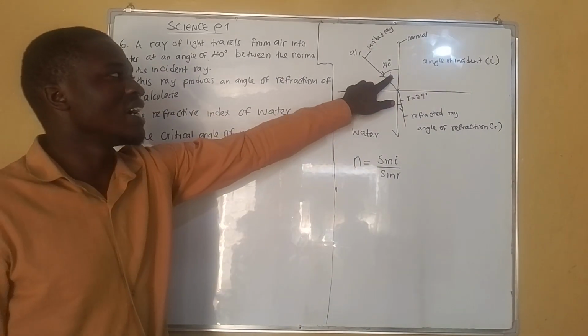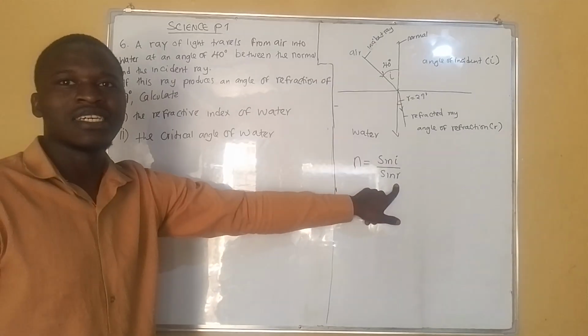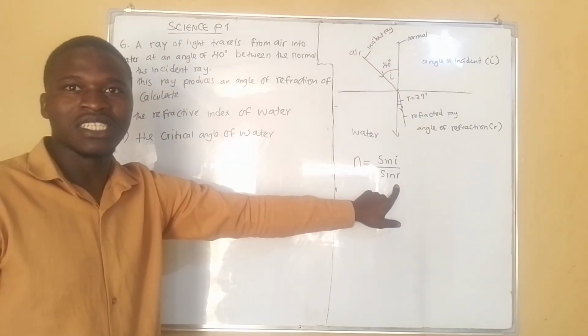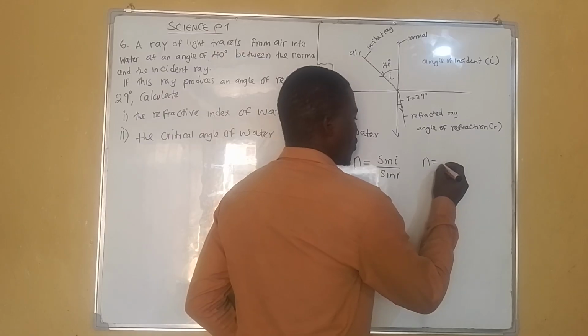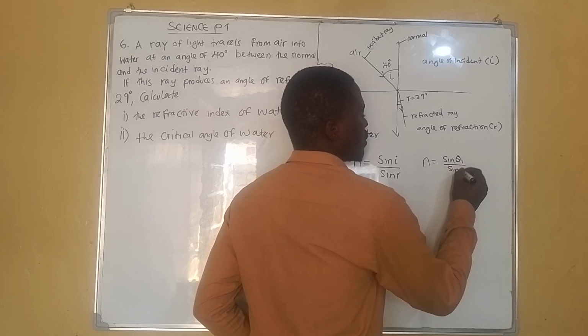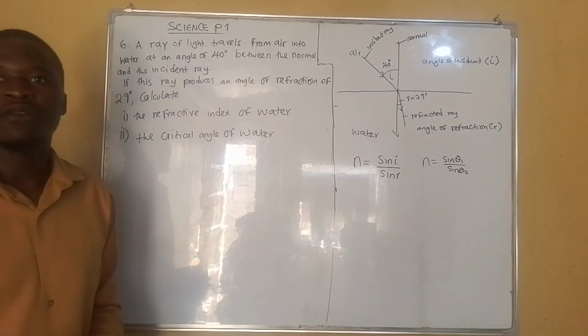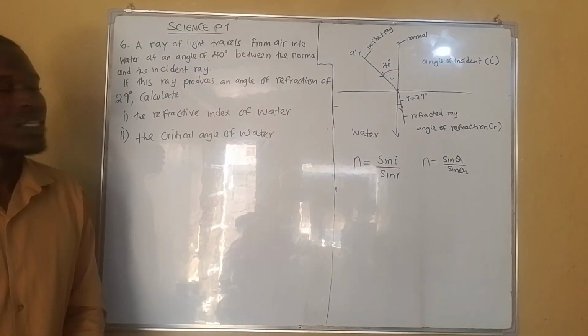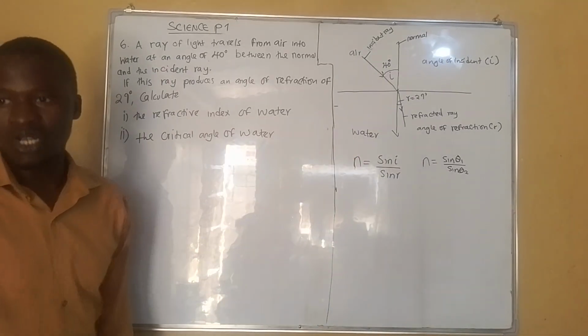You can say theta 1, or theta 2 as your refractive index. So you can say n is equal to sine theta 1 over sine theta 2. Theta 1 is where you are coming from, and theta 2 is where this ray has landed, which is in water, right?